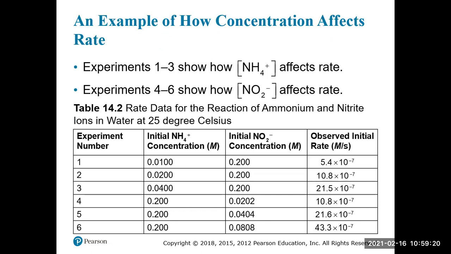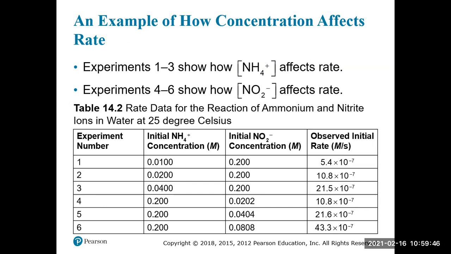So we have ammonium ions, NH4 plus, and nitrite ions, NO2 minus, reacting together. And so in the first three experiments, we are keeping the NO2 minus, the nitrite concentration, constant at 0.2 molar.